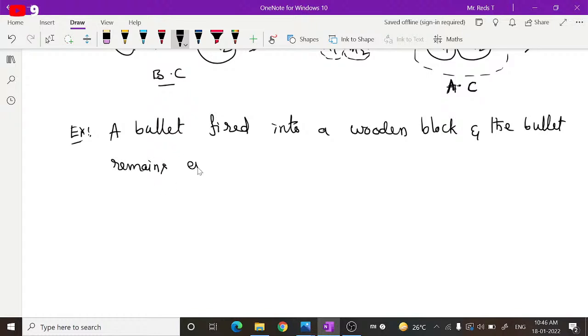Okay, this is an example of a perfectly inelastic collision.